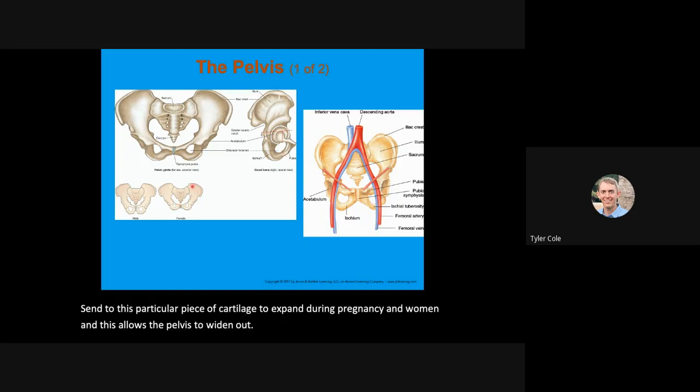And if you have ever heard that pregnant women might be a little bit unsteady on their feet because their joints are loose, this is a big reason why. The pubic symphysis relaxes, allowing this particular area to open up wider for the infant's head to pass through the birth canal.